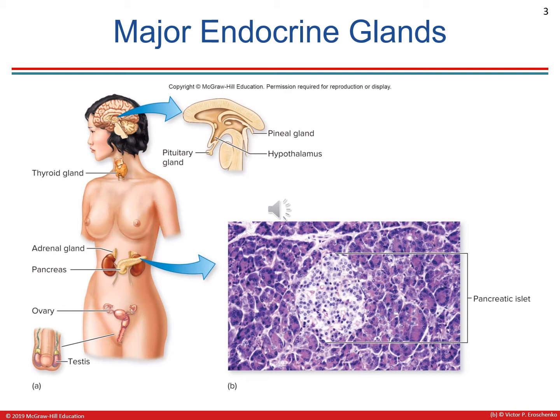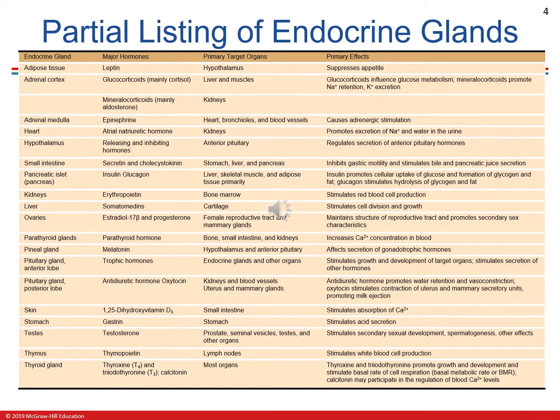For males, you have the testes, and for females, you have the ovaries. These are the major endocrine glands. I invite everyone to take a look at this graphic. It's not very well organized, but you have a partial listing of endocrine glands and also the major effects of these endocrine glands.